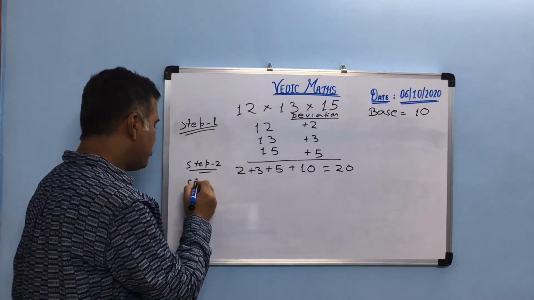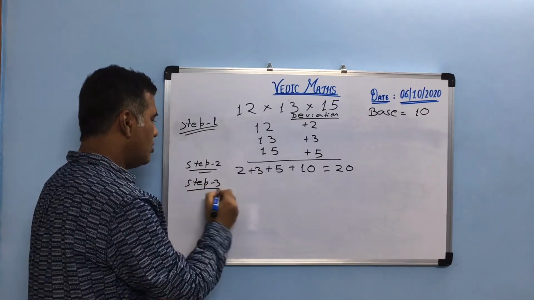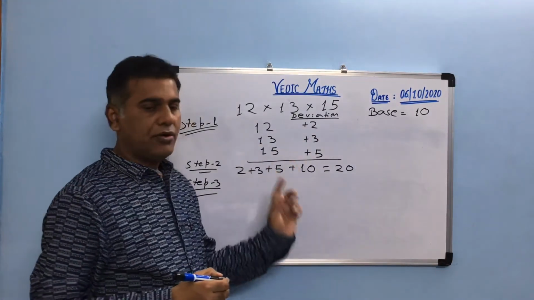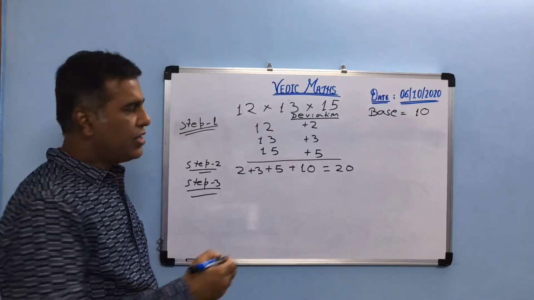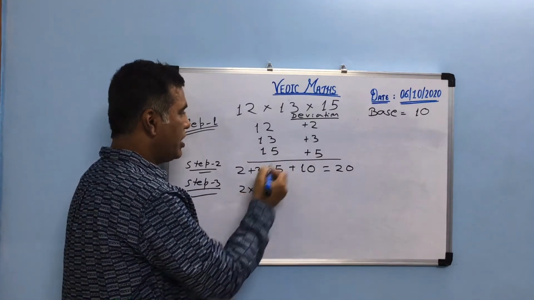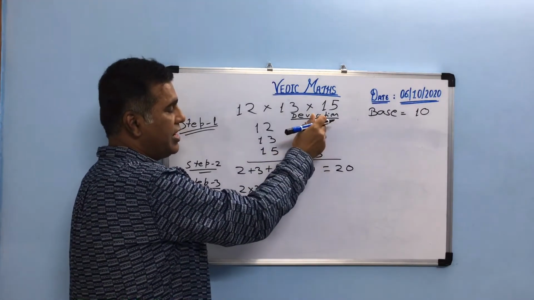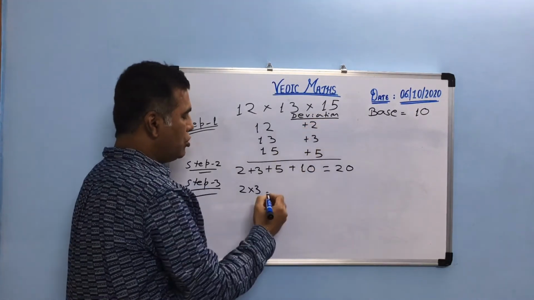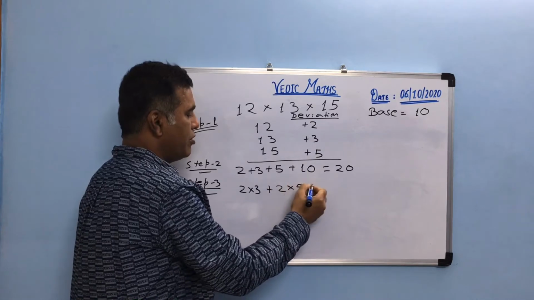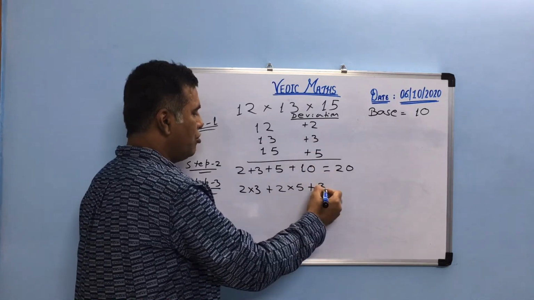Then in step 3, I will take their product in pair, and their sum. So 2 into 3 plus 2 into 5 plus 3 into 5.